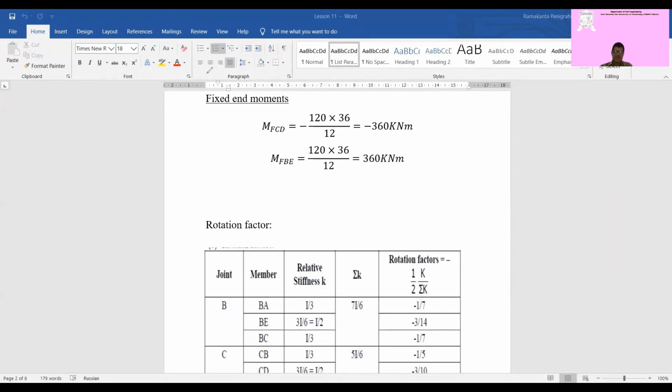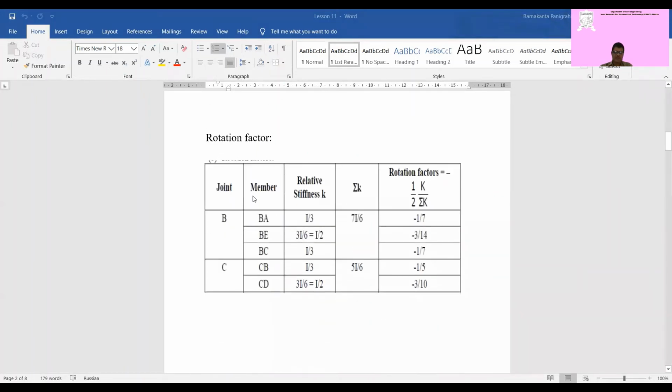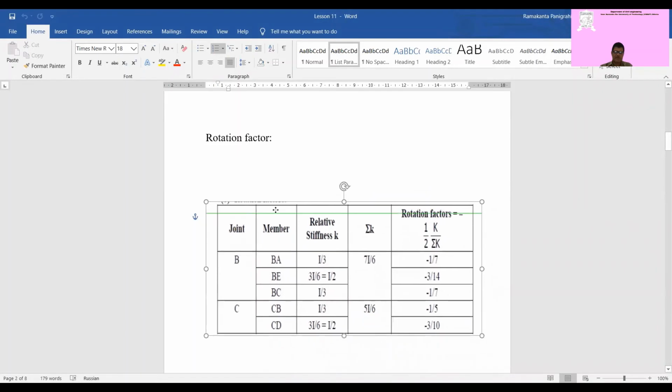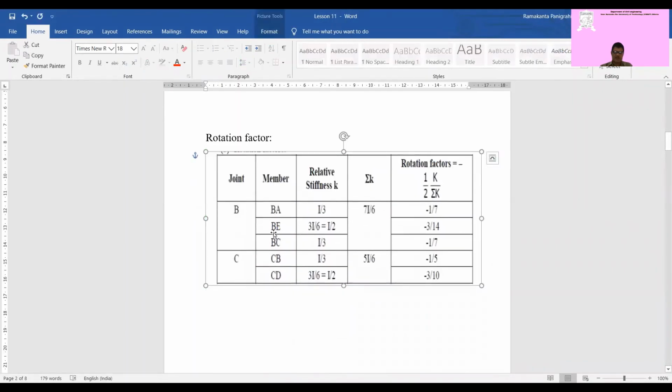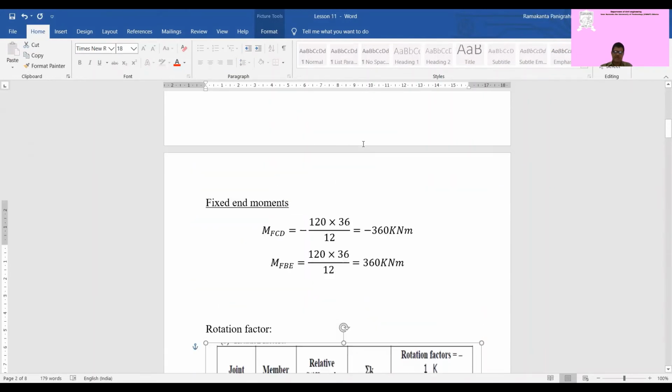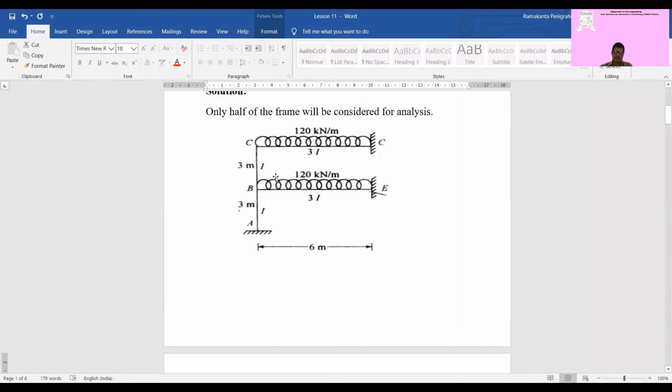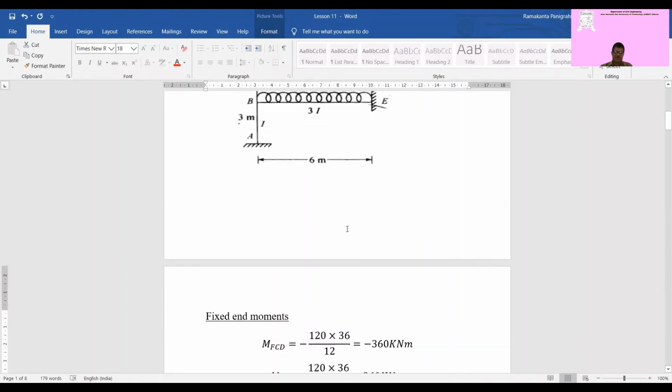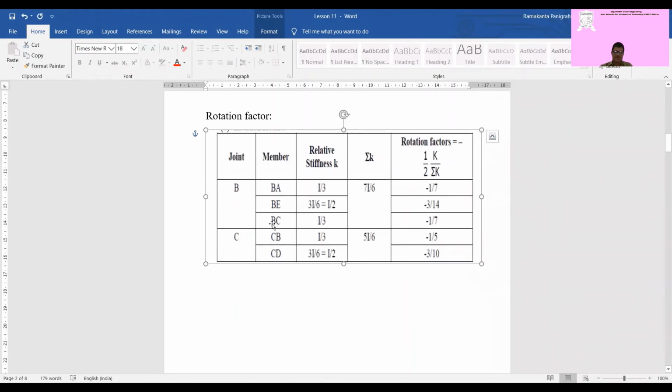Once you do this, then calculate the rotation factor. You have to calculate the rotation factor for the members BA, BE, BC, CB, CD. At B you have three members: 1, 2, 3. So we put the values for BA, BE, BC.